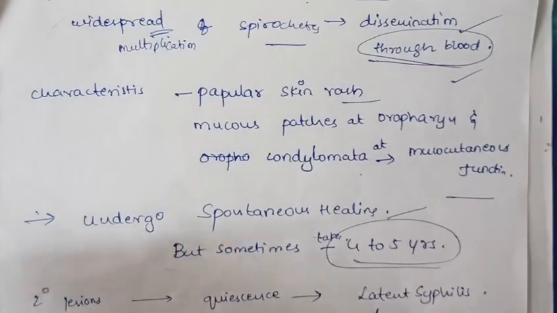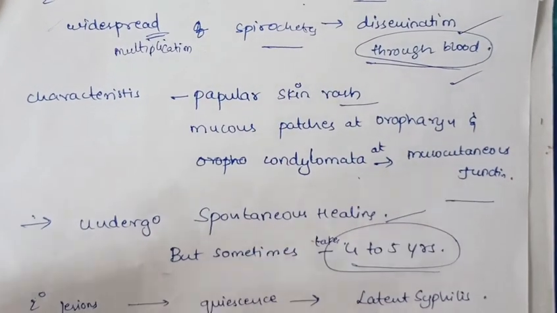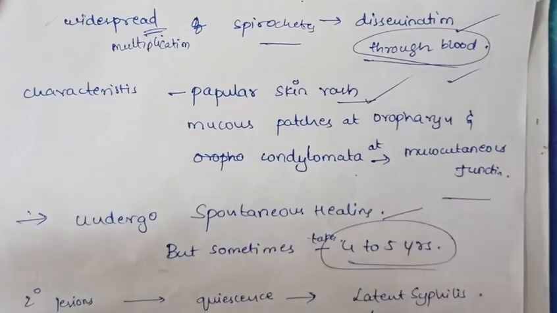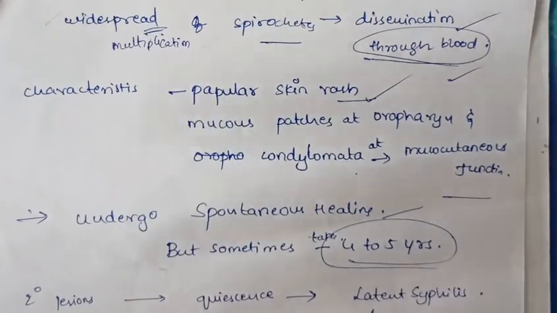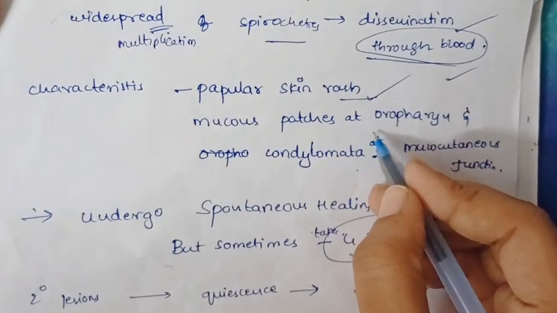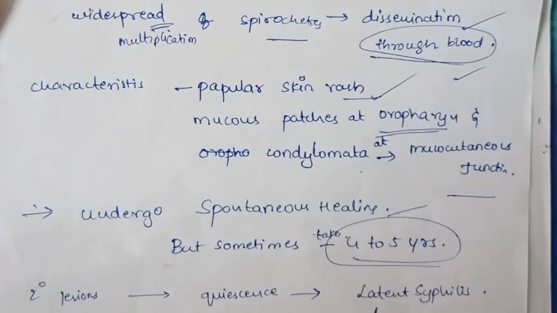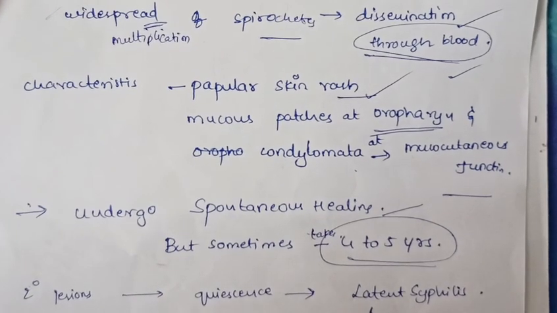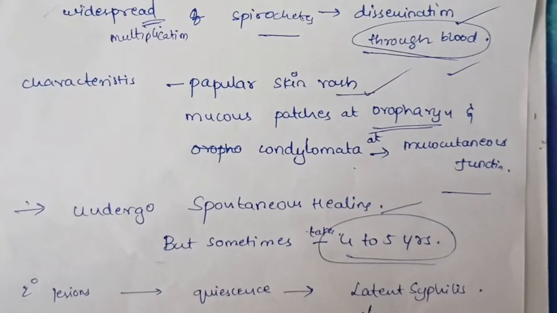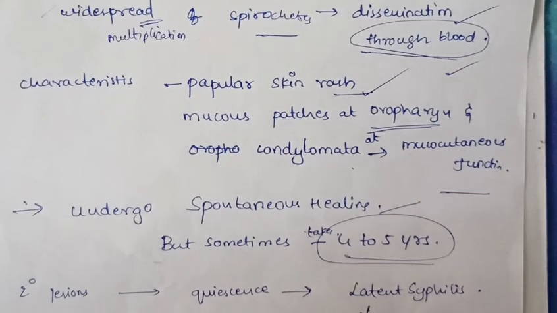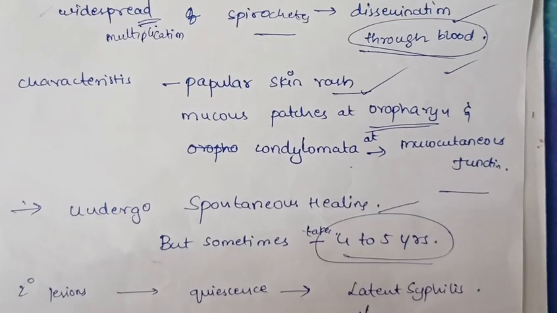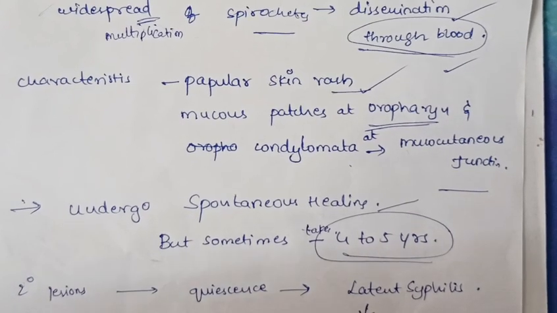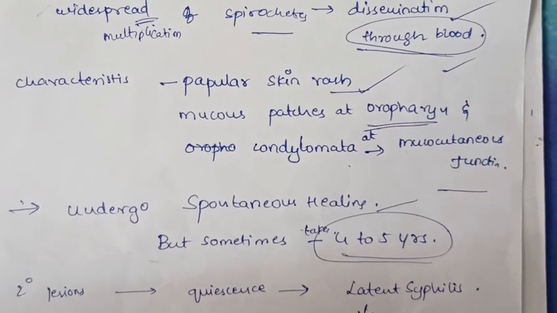The main characteristics that appear in secondary syphilis are papular skin rashes all over the body and mucous patches at the oropharynx. The oropharynx is the region of the pharynx, that is the food pipe and also the windpipe. At this region it forms mucous patches, and condylomata at mucocutaneous junctions.